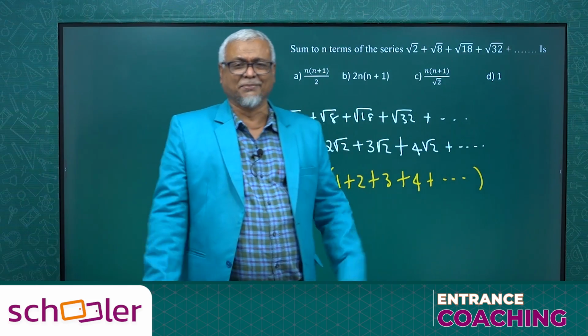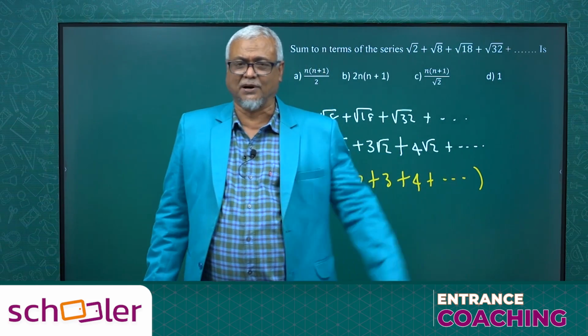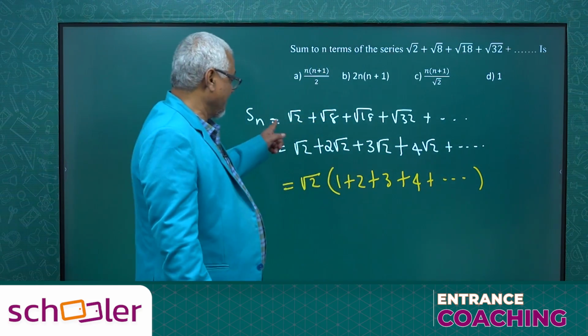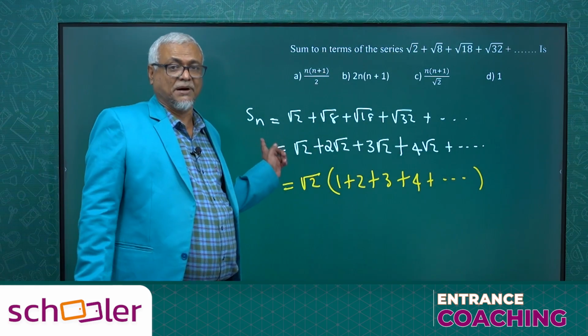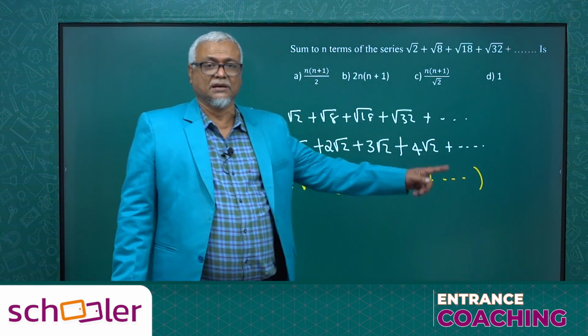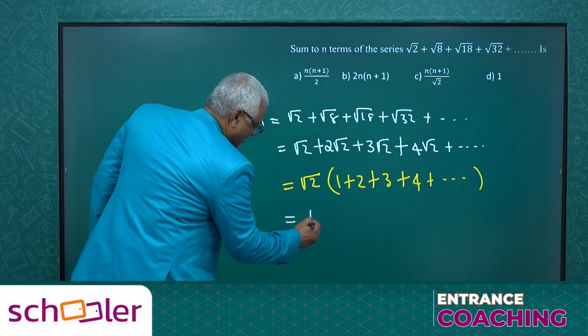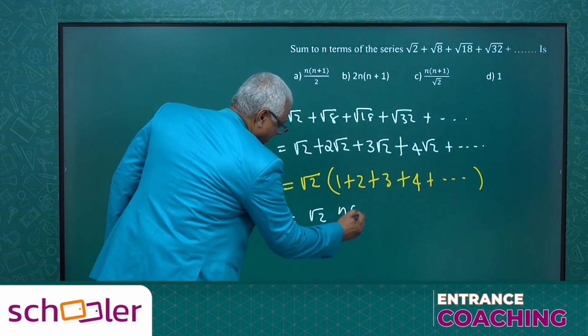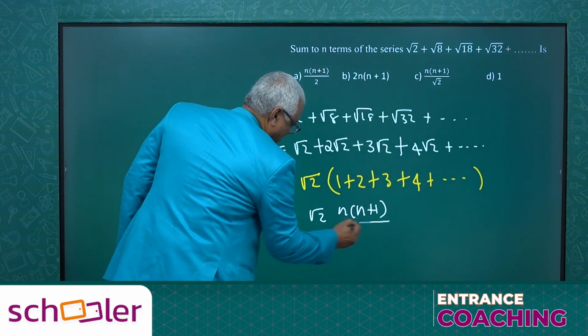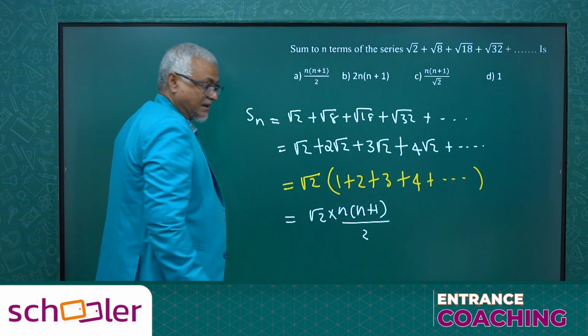What is inside the bracket? That is a known series, the sum of the natural numbers, and we are summing up to n terms. The formula is n into (n plus 1) by 2.